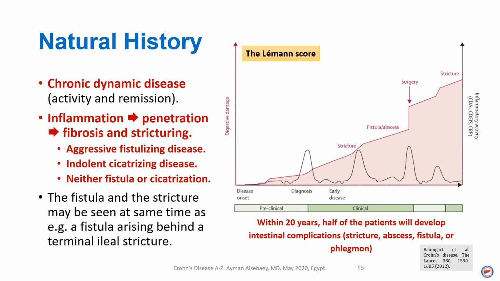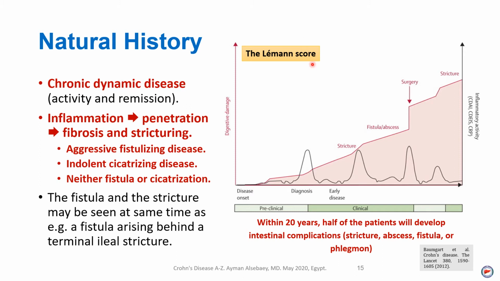What about the natural history of the disease? We should know that Crohn's disease is a dynamic disease in which there are periods of remission and periods of activity.